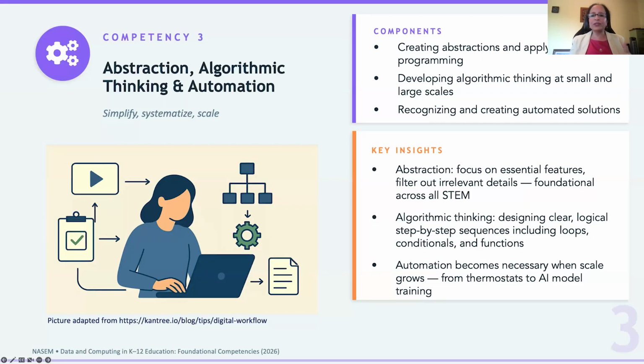Algorithmic thinking, as you know, is about creating ordered sequences of unambiguous steps to solve a problem, and not just existing algorithms, but designing new ones, including breaking complex tasks into subtasks and anticipating conditions for different execution paths. Automation becomes necessary when scale grows, and that's something that students need to understand more and more than we have in the past.